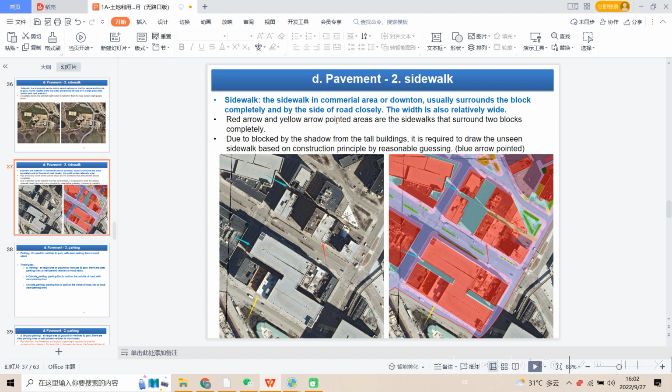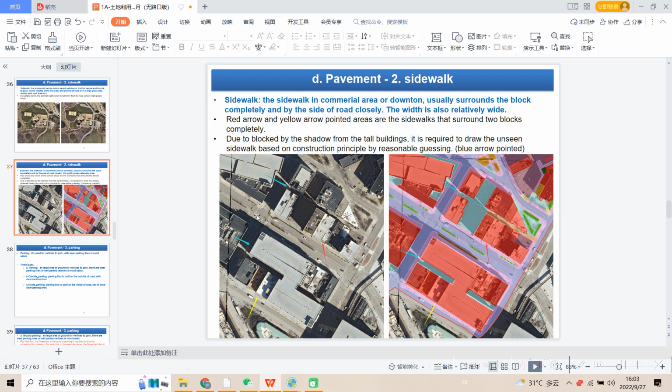The sidewalk in the commercial area or downtown usually surrounds the block completely and sits closely by the side of the road. So guys, even though the red and yellow arrow pointed area is blocked by the shadow from the tall building, we can see the red arrow and the blue arrow are sidewalk.